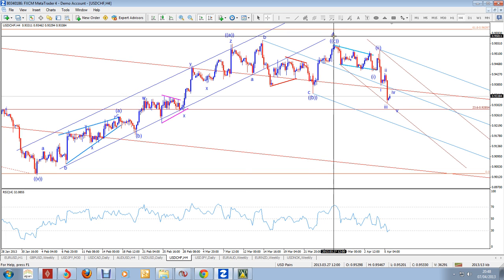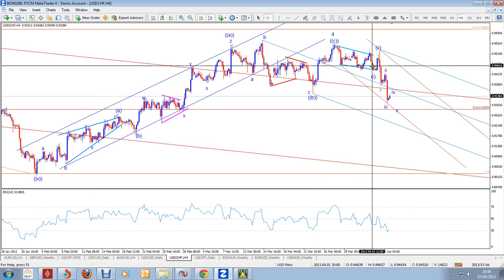That one now completes this current retracement to the upside, and we are now on our way down.